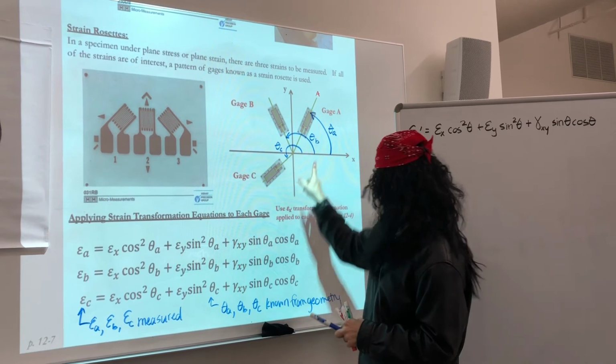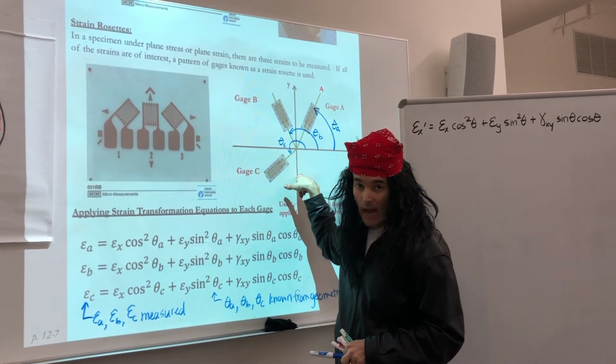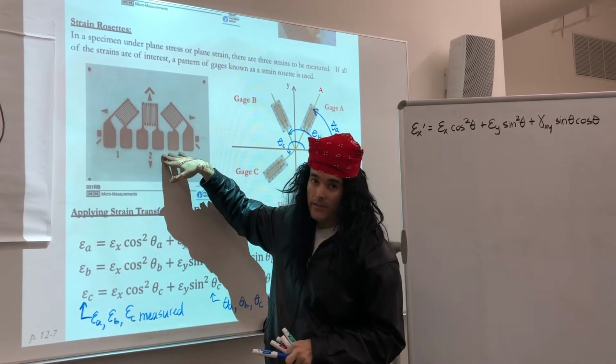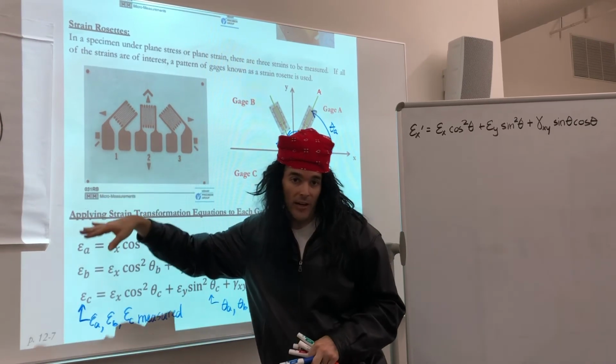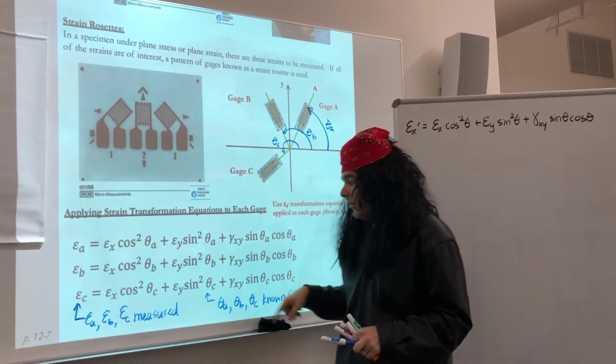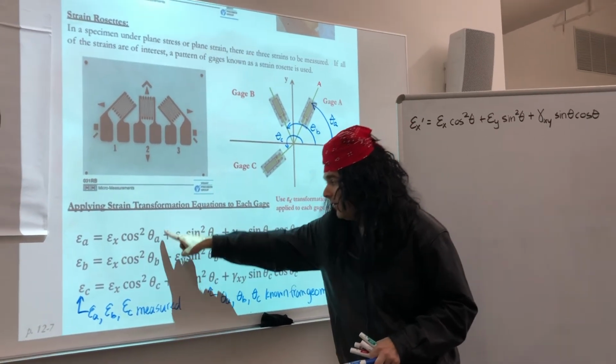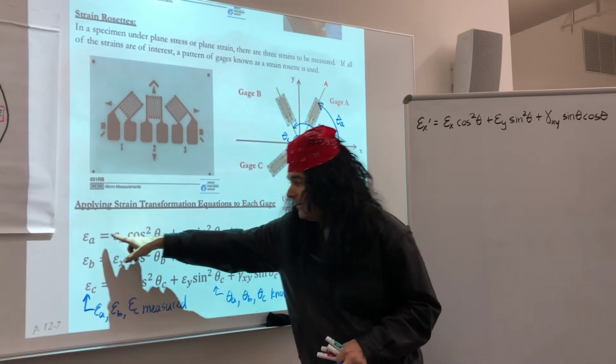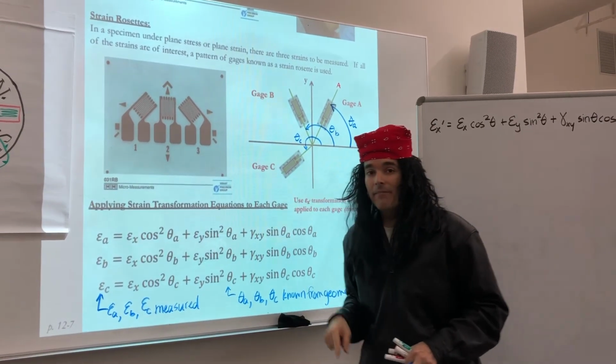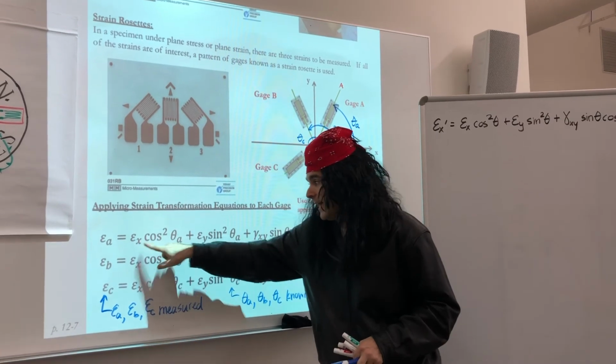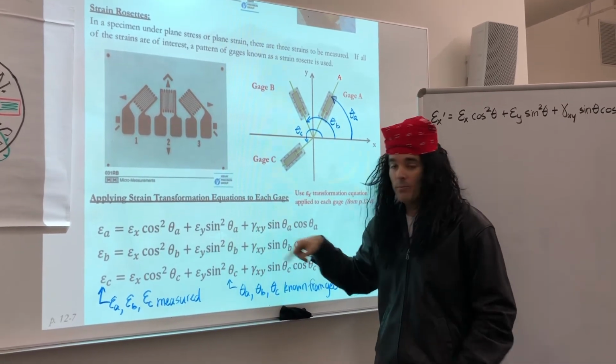So we either applied the strain gauges at a particular geometry, or we used the standard geometry as part of the strain rosette. Since we know all the thetas and all epsilon A, B, and C, the variables we don't know are epsilon x, epsilon y, and gamma xy.